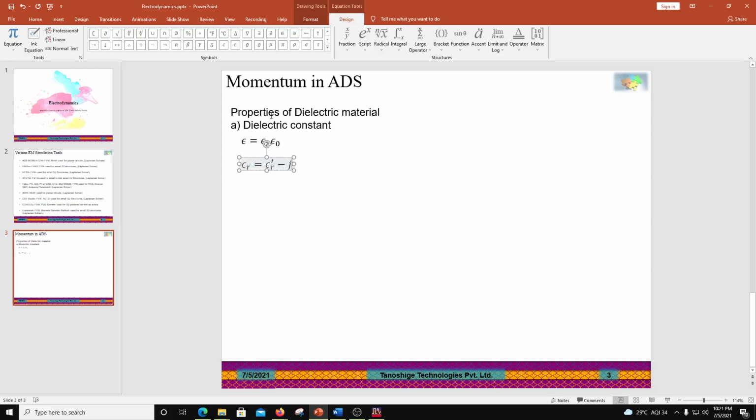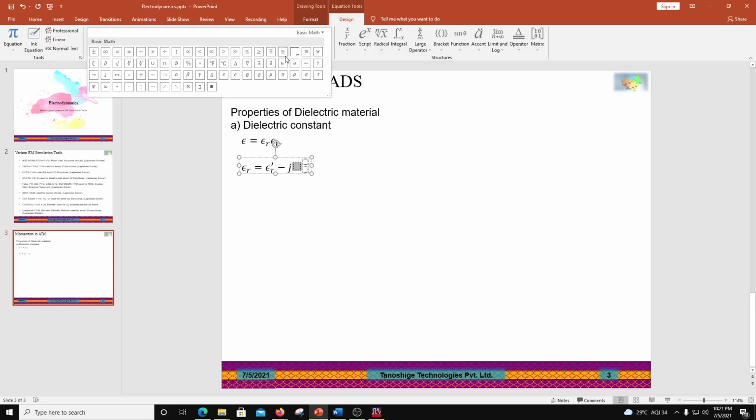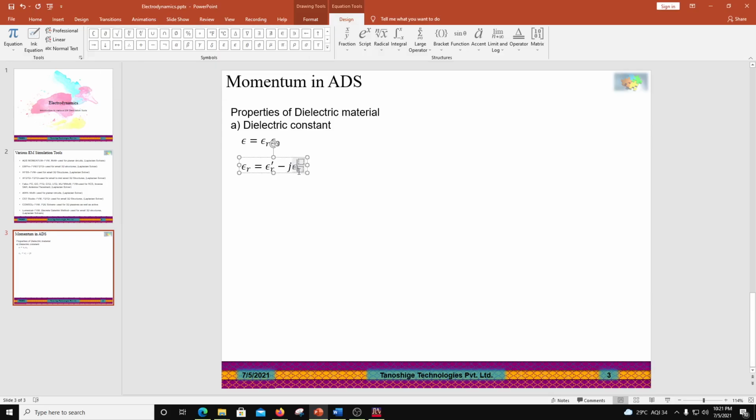So this is the complex part, epsilon r double dash.